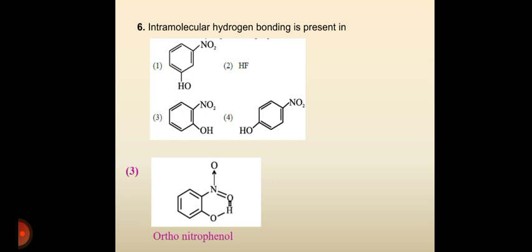Here the nitro group and the OH group are in close proximity, so they will form intramolecular hydrogen bonding, which is not possible in molecule 1, which is metanitrophenol, and molecule 4, which is paranitrophenol. And in the second it is HF, no such groups are there, so intramolecular hydrogen bonding is not present.